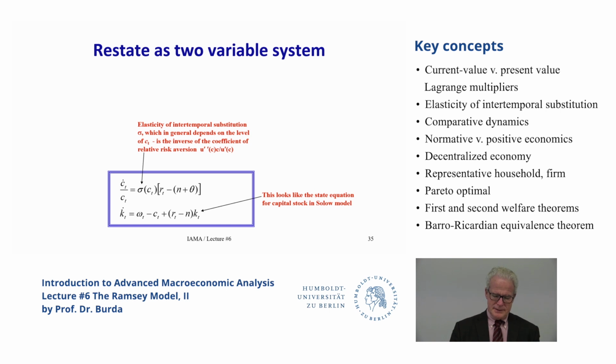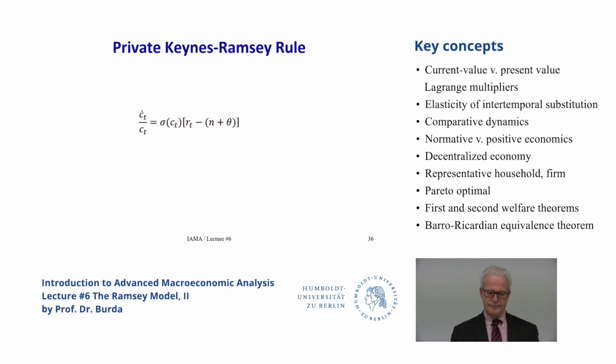Okay, so we still have an elasticity of substitution governing the behavior of the profile of consumption over time, the rate of change of consumption over time relative to population growth and impatience, and we have the capital stock evolving with respect to its remuneration plus the other income that the household might have, and since the household is supplying 1 unit of labor every period per person, then this is just the wage.